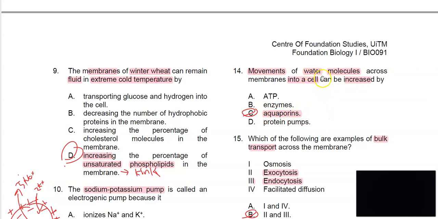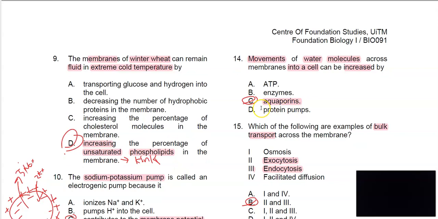The diffusion of water molecules through the plasma membrane will be very slow. To increase the rate of diffusion of water across the membrane is by having aquaporins. Aquaporins will increase the movement of water across the cell membrane.